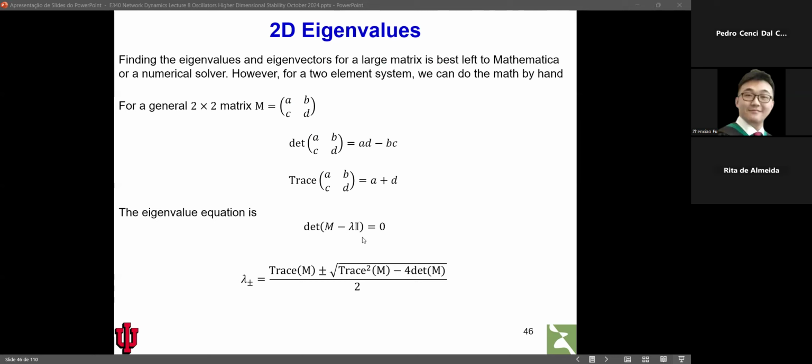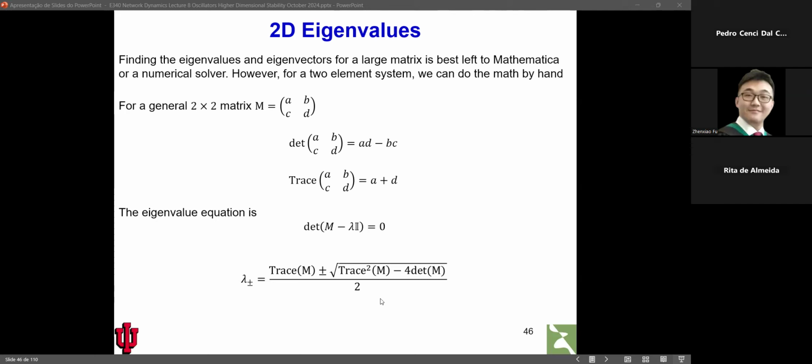For a 2 dimensional matrix, you have A, B, C, D, then the determinant is just AD minus BC. The trace is A plus D, and the eigenvalues, from the determinant of M minus lambda I equals 0, are given by the trace of M plus or minus the square root of the trace of M squared minus 4 times the determinant of M, all divided by 2.